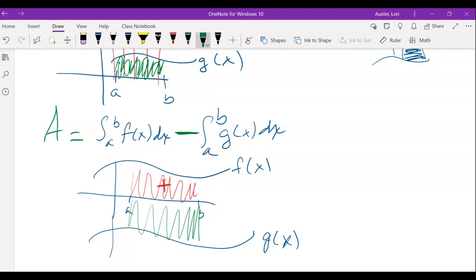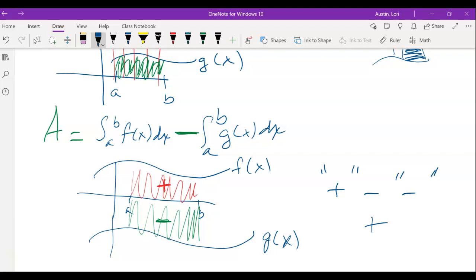The green area ends up being what? Automatically, when you take the integral, it's going to be negative. And guess what happens when you take a positive minus a negative? You're adding them together. So yeah, it doesn't matter.